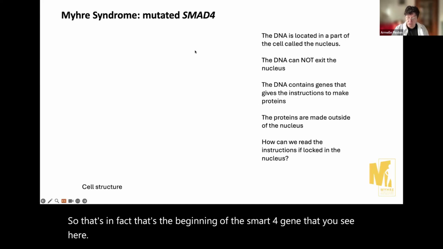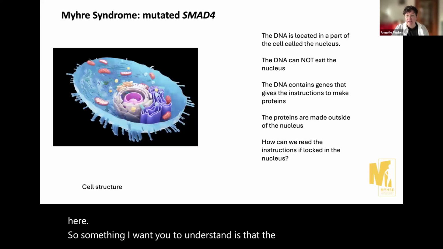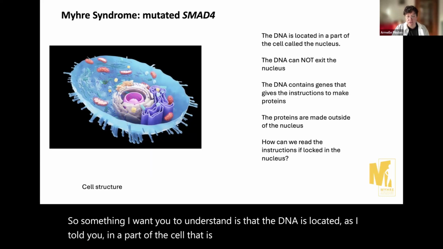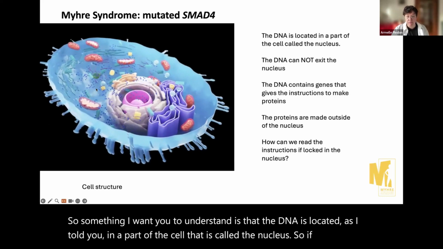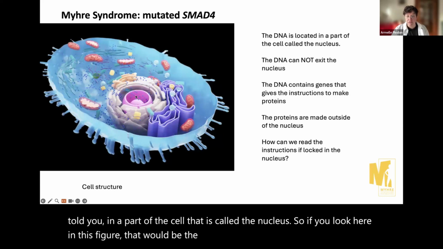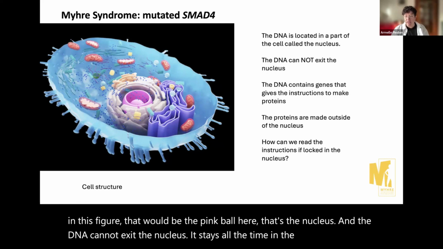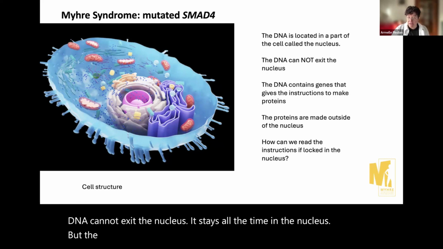Something I want you to understand is that the DNA is located, as I told you, in a part of the cell that is called the nucleus. If you look at this figure, the pink ball here is the nucleus. And the DNA cannot exit the nucleus. It stays all the time in the nucleus. But the DNA contains the genes that give the instruction to make proteins.